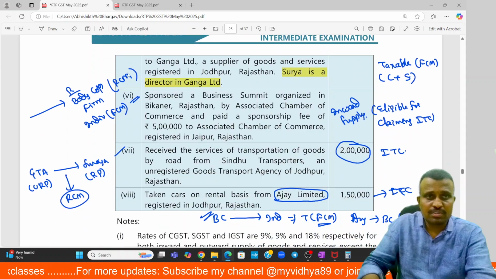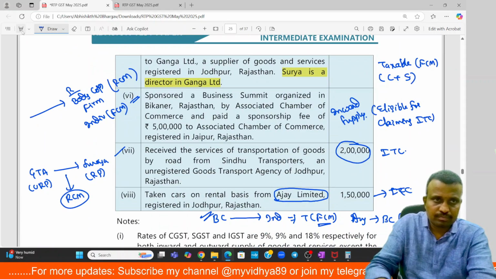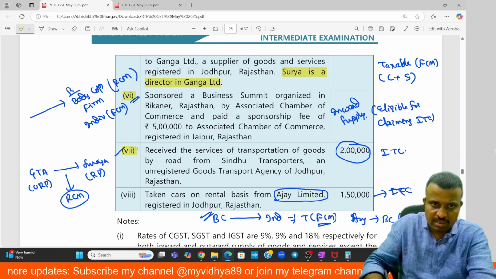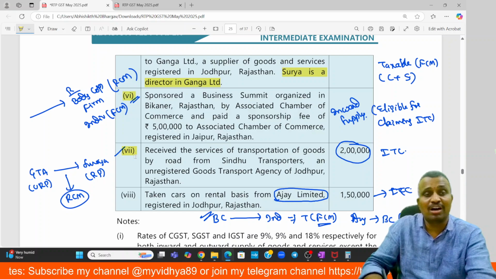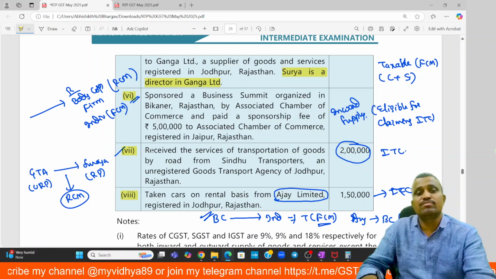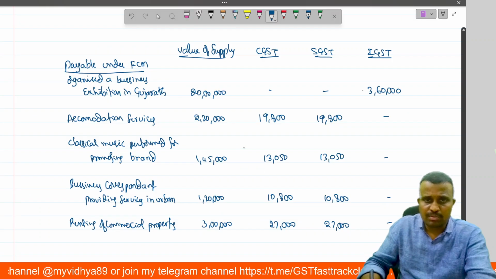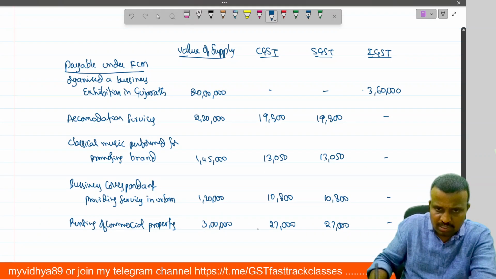This is an inward supply covered under RCM, and this is also an inward supply. So coming to the forward supply, the total is over.